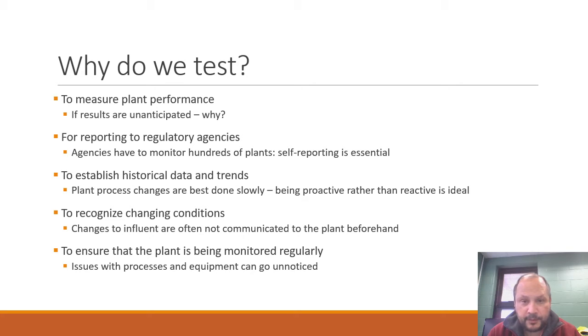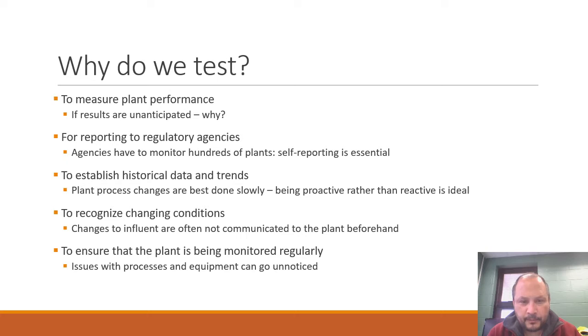Some of the tests that we perform, we have to report to the EPA. All of our reporting to the EPA is self-reporting. Of course, they're an agency that has to oversee hundreds of locations around the state, so they don't have the time or the resources to do any of that testing themselves.